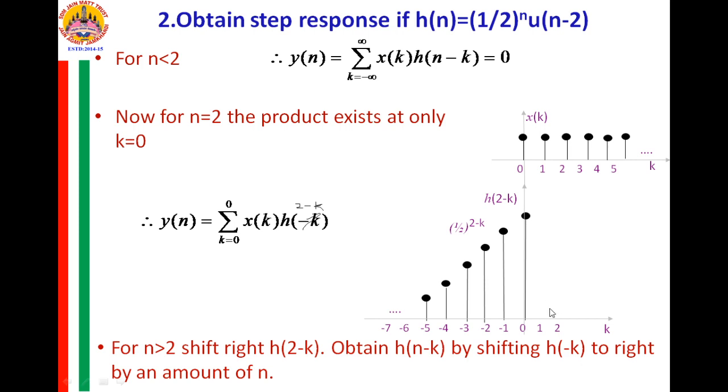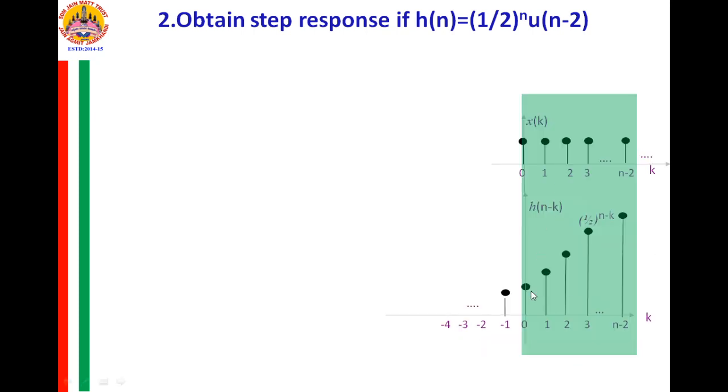If I shift this h[n] n times towards the right side, so what is this end? This is nothing but n minus 2, right or not? So this end is n minus 2 if you in general shift h[n] towards the right side by an amount of n.